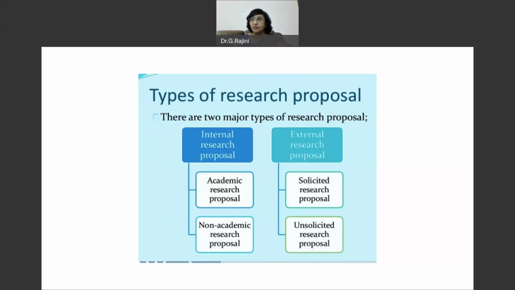There is research for career break women, for the environmental perspective, for police administration, for all domains. Lots and lots of proposals are solicited by different research agencies, particularly government agencies. So many of the R&D departments keep on calling for proposals.